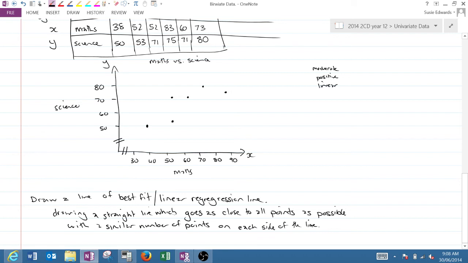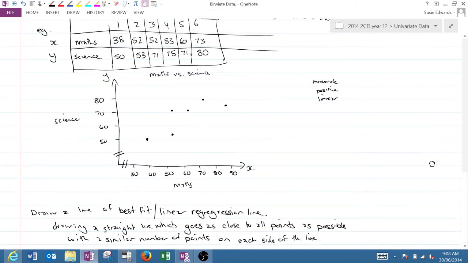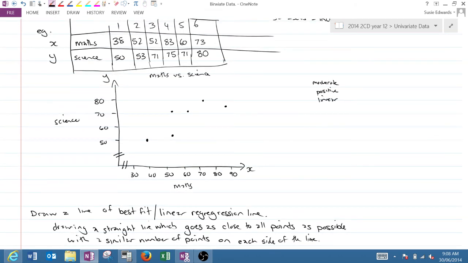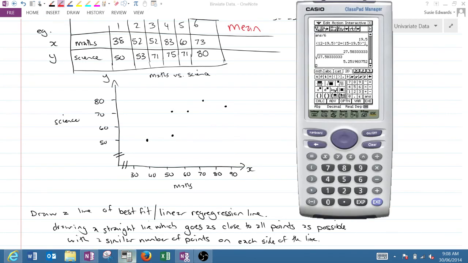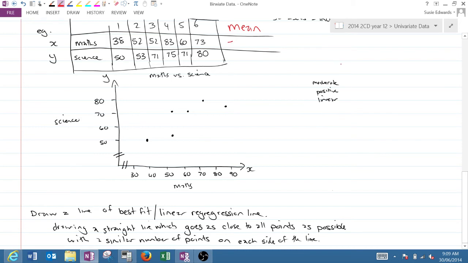So in this table here, let's find the mean here. 38 plus 52 plus 52 plus 83 plus 60 plus 73, all divided by 6 equals 59.6 recurring.